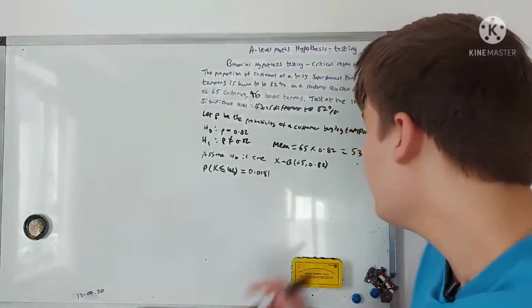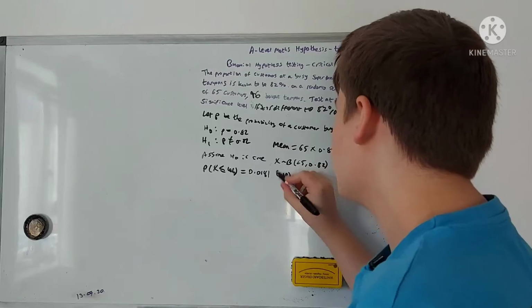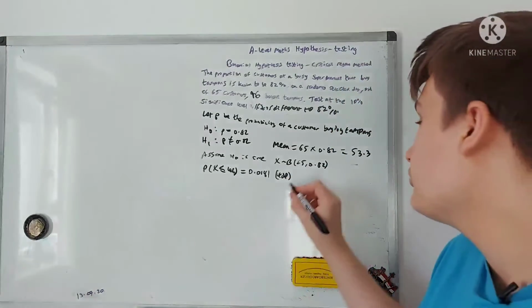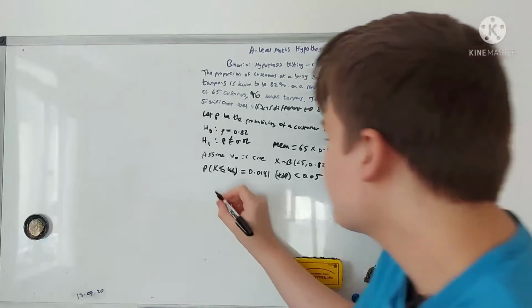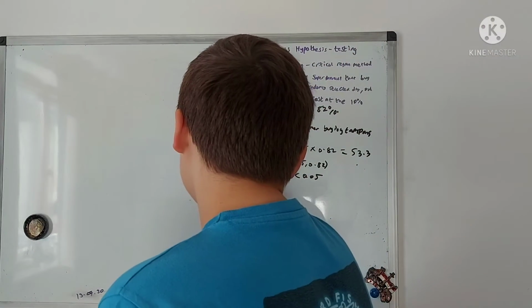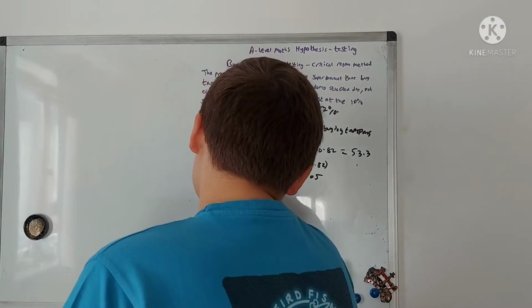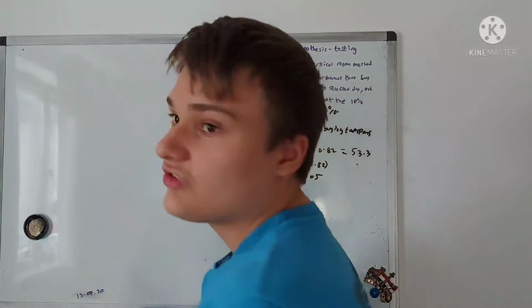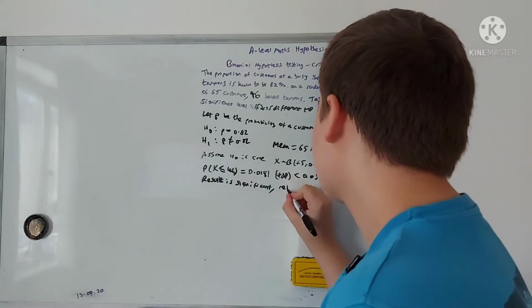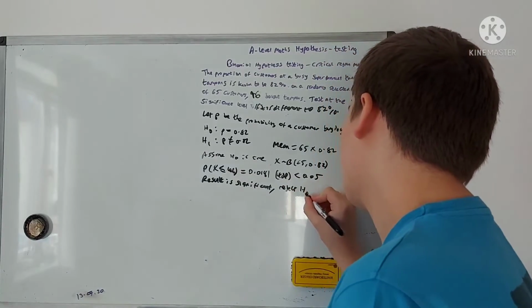Reading that from the floor there, at 4 decimal places. Well, is that greater than or less than? Well, it's going to be less than the 0.05, isn't it? So we do that, and then we say the result is significant. So what do we do? We reject H0.